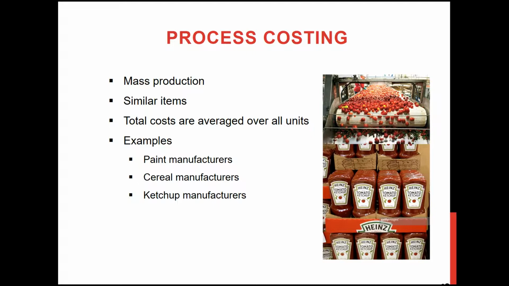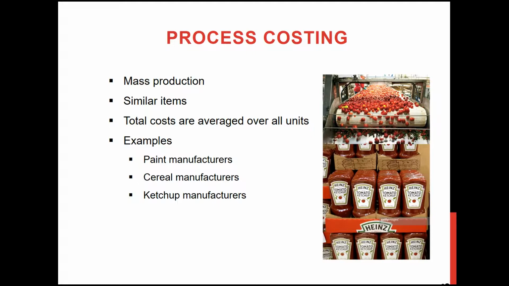For example, you can think of Heinz company that produces tomato ketchup, and when they produce this tomato ketchup, all those tasks that they do, like cleaning, chopping all those tomatoes, mixing, bottling, it usually costs pretty much the same for each and every bottle.